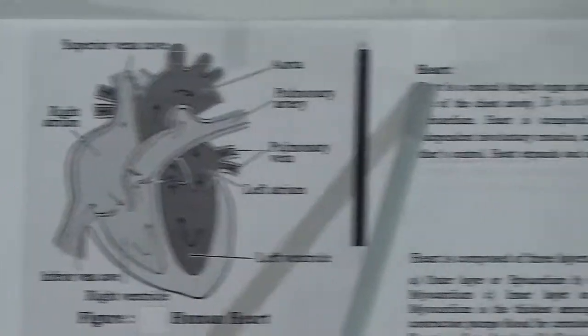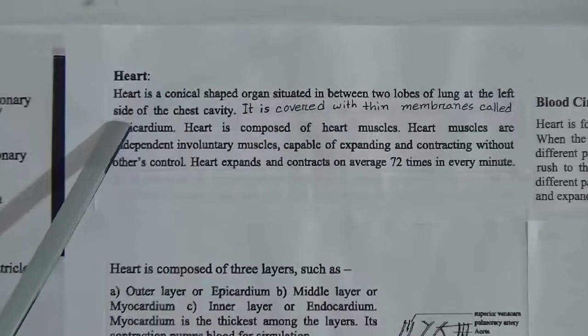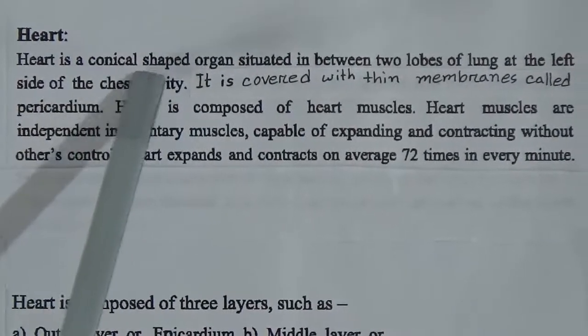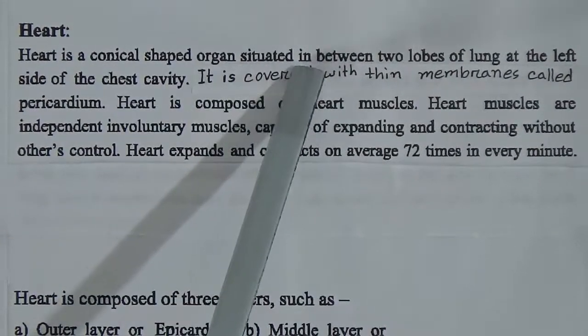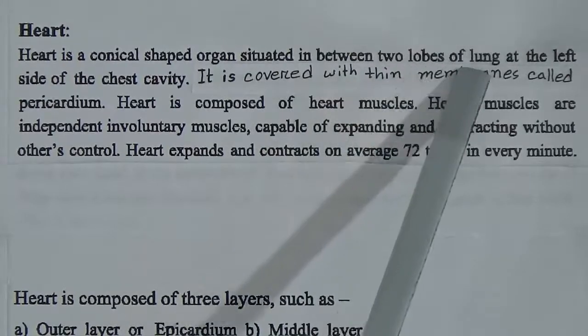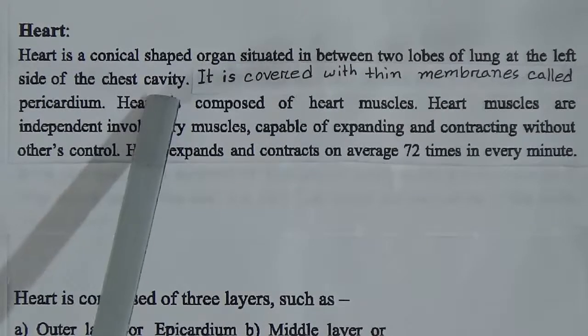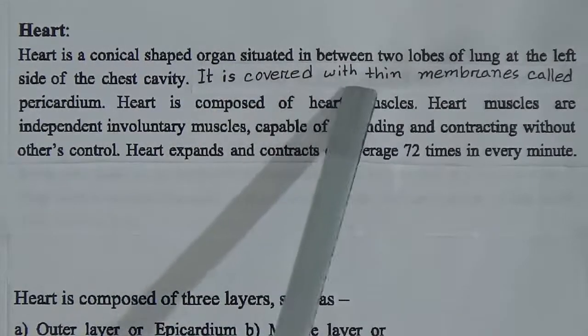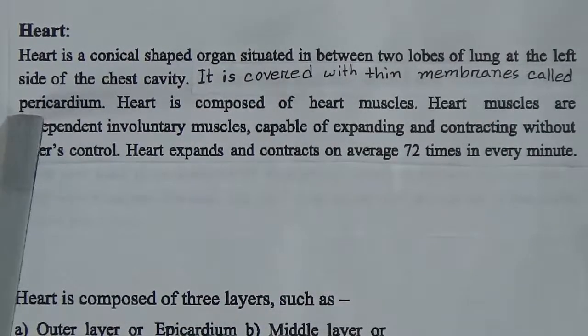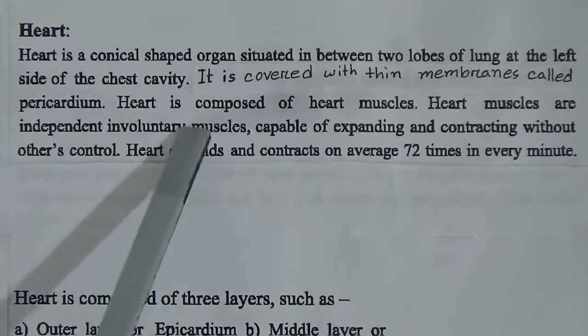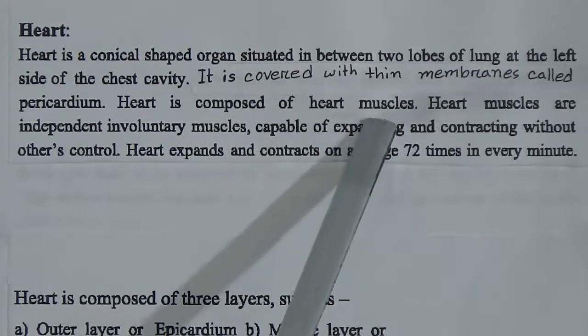Now we will discuss the heart. Heart is a conical shaped organ situated in between two lobes of the lung at the left side of the chest cavity. It is covered with thin membranes called pericardium. Heart is composed of heart muscles.